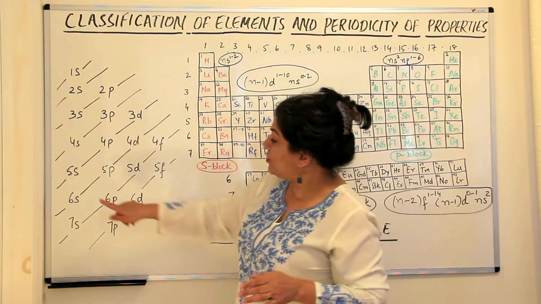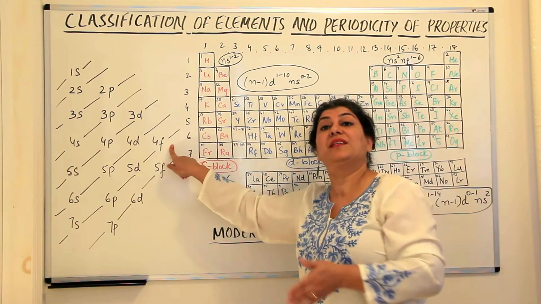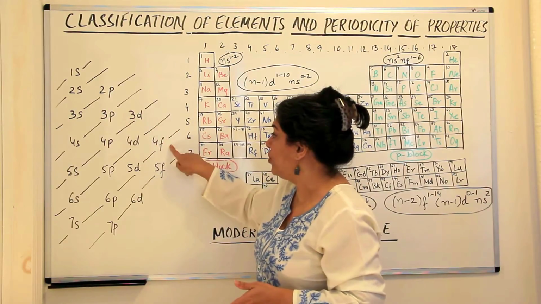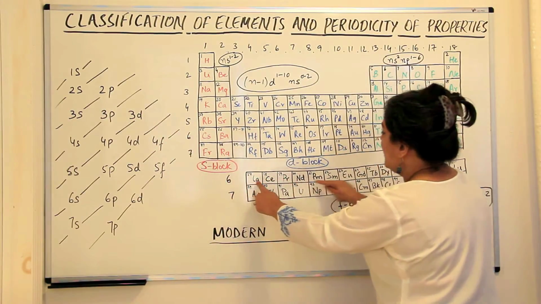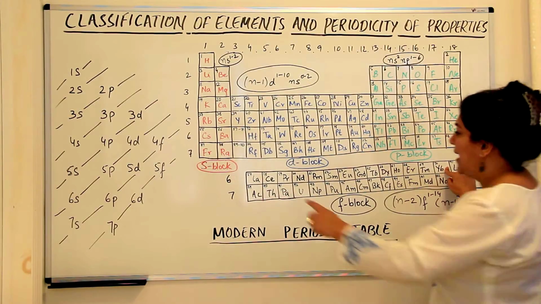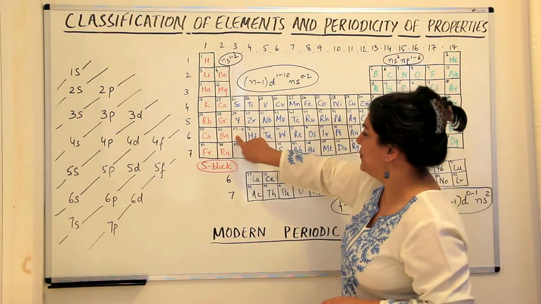So the electrons after 6s move to the f-orbitals of the inner penultimate shell. And these 14 electrons which go to the inner penultimate shell start from lanthanum to ytterbium, and then lutetium is what should come here.